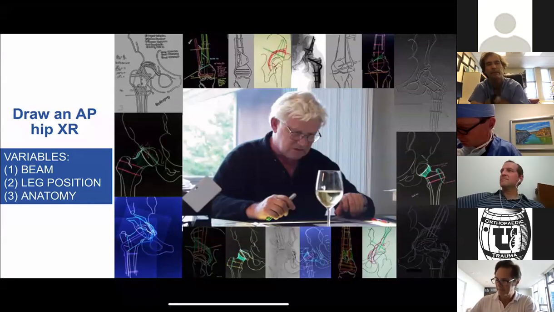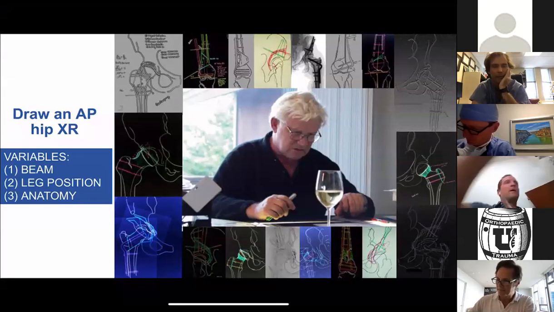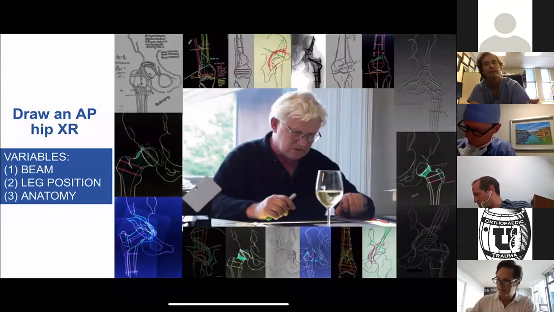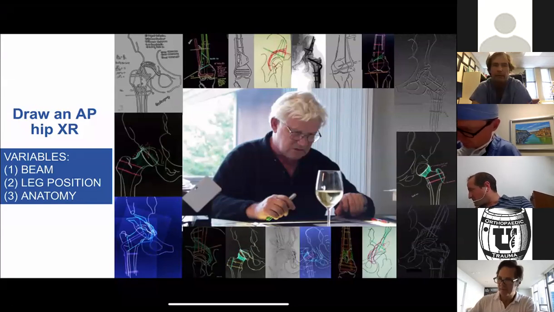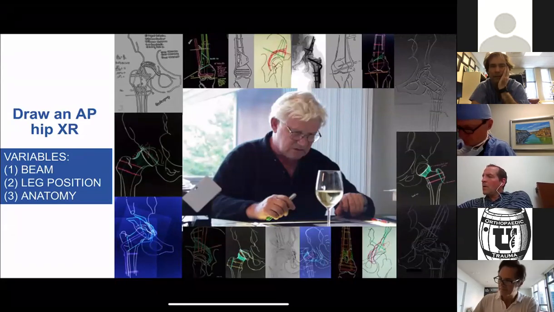The complaint that I typically get when I ask people to do this is, well, just because I can't draw doesn't mean I don't understand what I'm looking at when I look at an AP hip x-ray. And I would agree to a certain extent that could be true, but what I find about myself, if not other people, is that when you think your gestalt is educated, you get fooled.